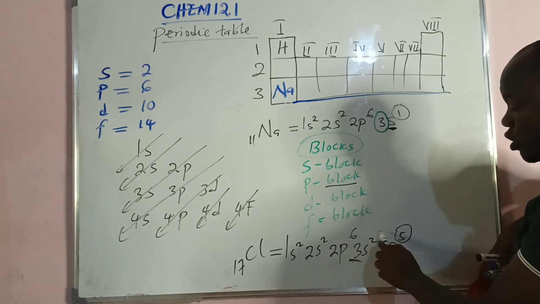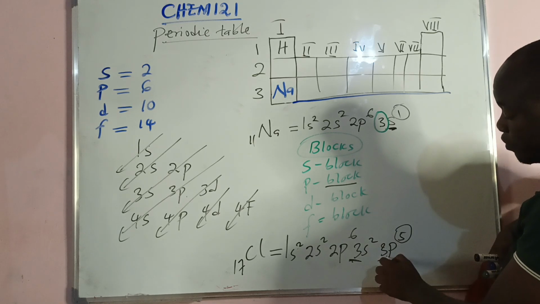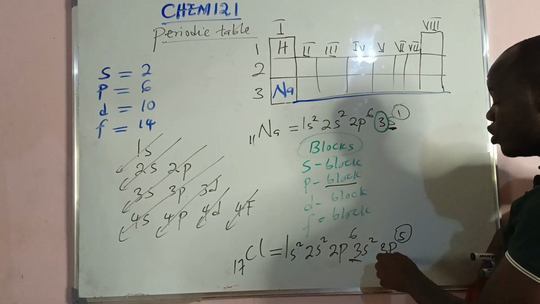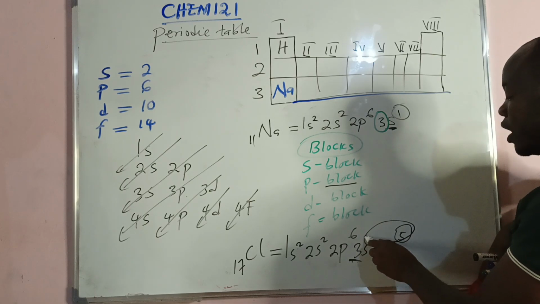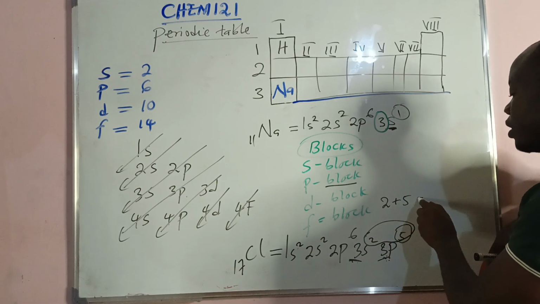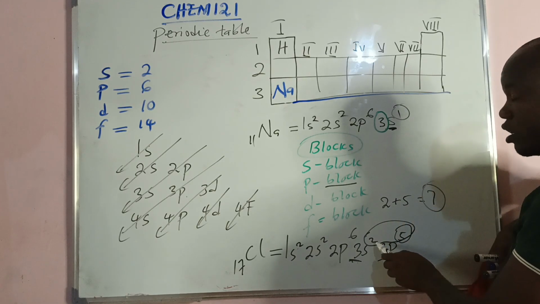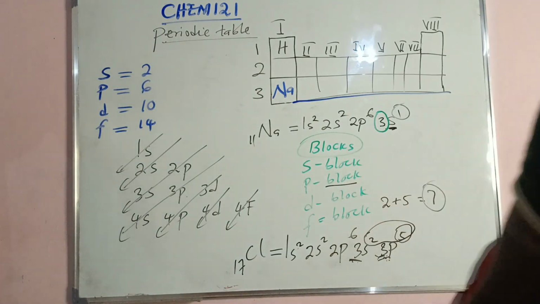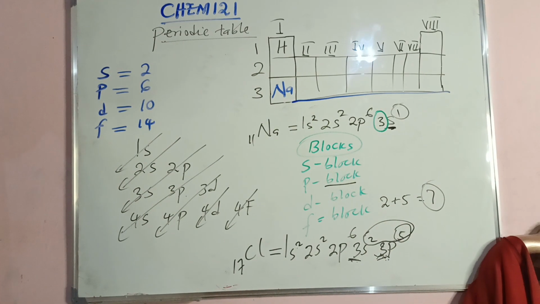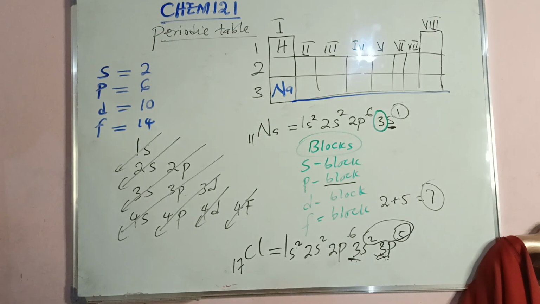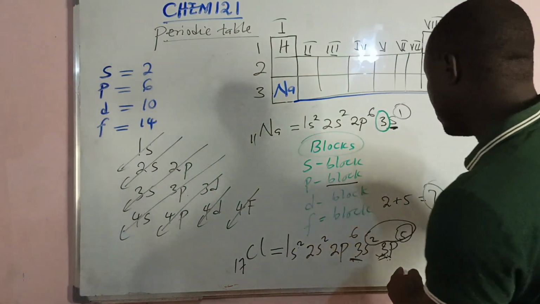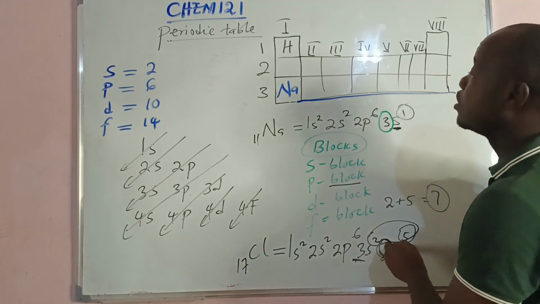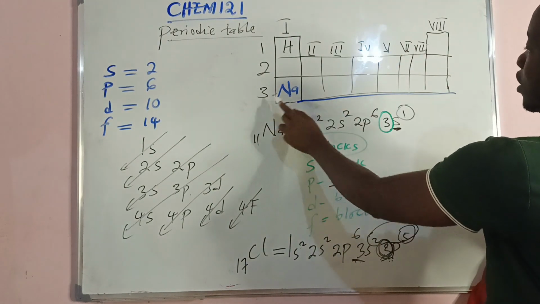So to know the group of this element, because the last and second to the last energy level are the same, I'm going to take these two index numbers and add them together. 2 plus 5 making 7. So chlorine is in group 7, and it is in period 3 because the energy level is 3. So this is group 7 and this is period 3.